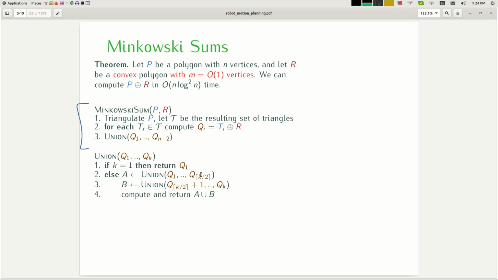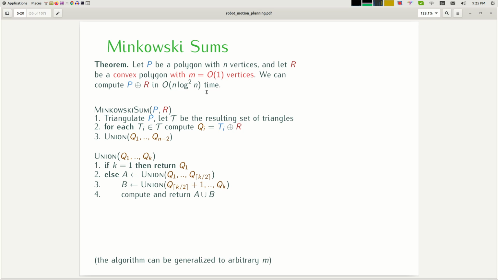Otherwise, we take the first half of these objects, Q1 up to Q k/2, union them, and we get some shape A. And then we do the same with the second half, we get shape B, and then we return A union B. And that's it. So now the question is, why does this algorithm run in n log squared n time?